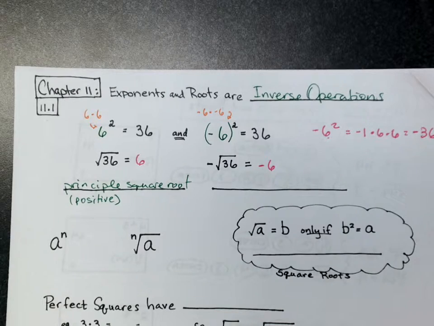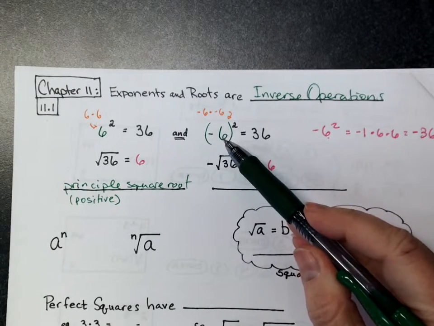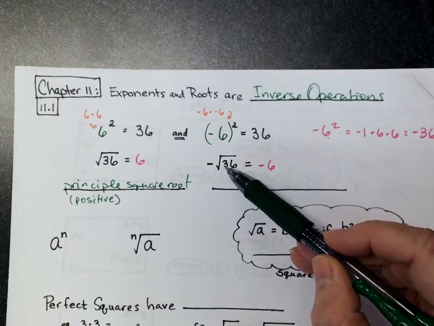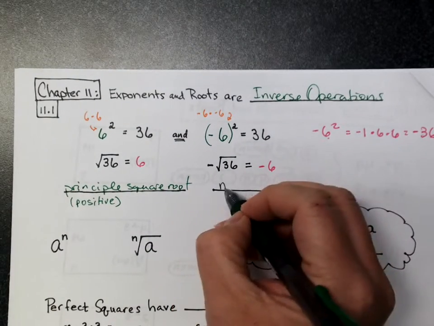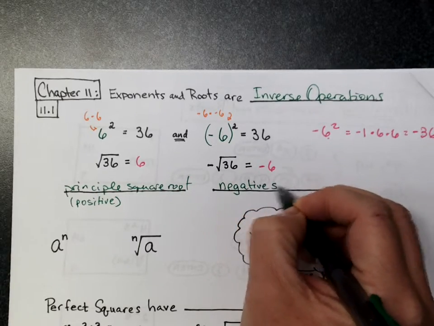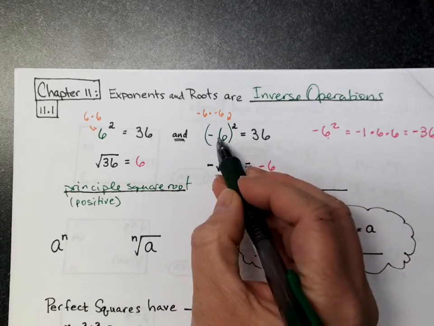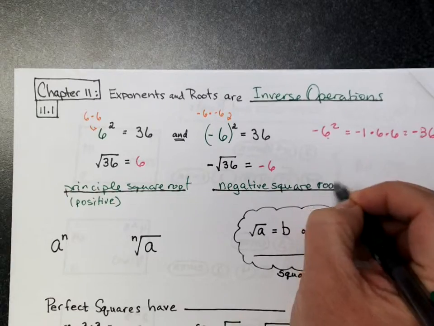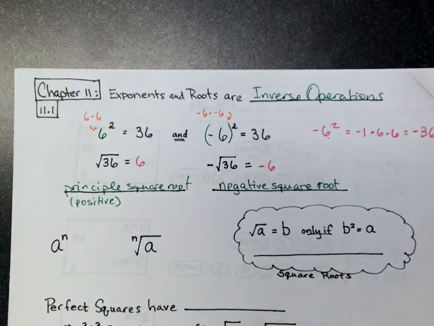If we want the other possibility, the negative square root, then we have to put a negative, not underneath, that changes everything, we'll see why, but in front. So this with a negative in front means that you are being told specifically that you want the negative square root, in which case the answer would be negative 6, the other possibility for your base, but you only use that if you were told to with the negative in front. Otherwise, we assume we're working with principal square roots. Positive answer.